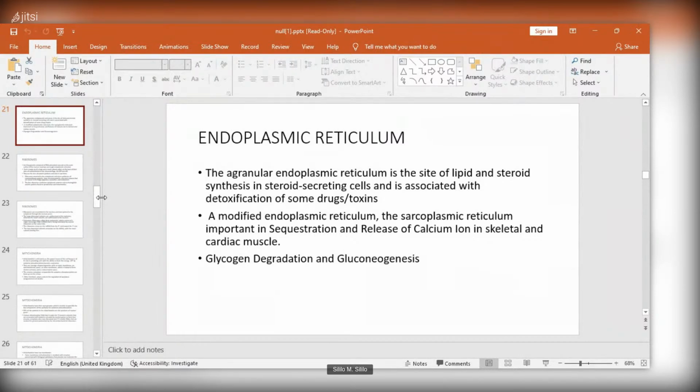So in the liver, the smooth endoplasmic reticulum is important for detoxification. In case you have an MCQ, that detoxification capacity is what you should look for. Okay, let's move forward.